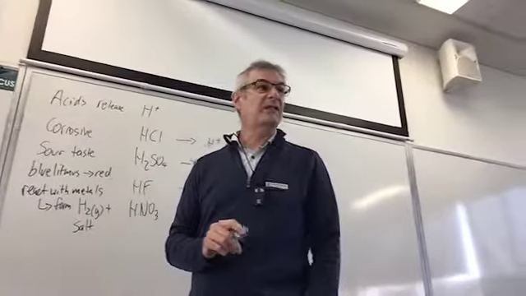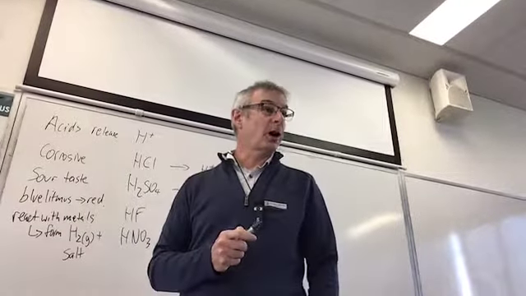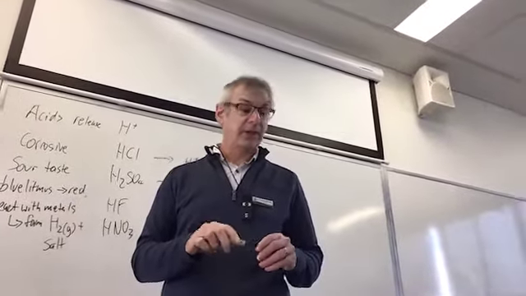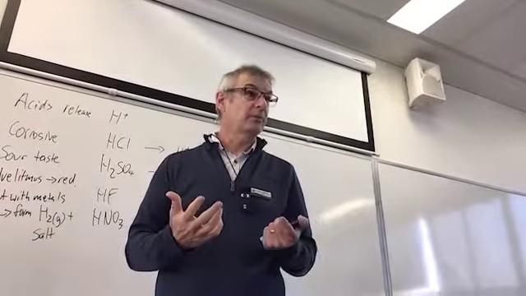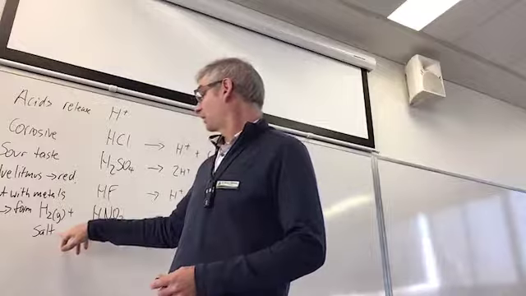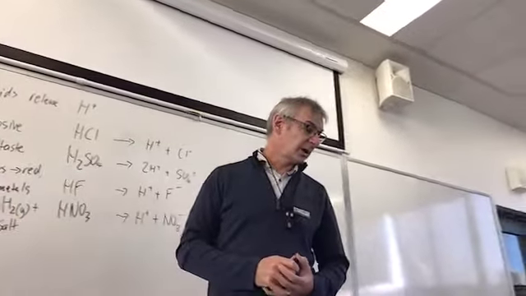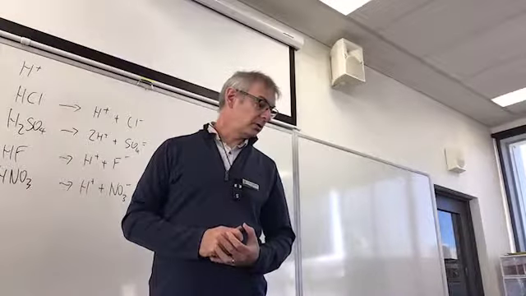When I say they form a salt, I'm not talking about sodium chloride. They'll form sodium chloride if they have sodium and chloride in them, but they will form a salt, which is an ionic compound. We'll talk more about salts at another stage.